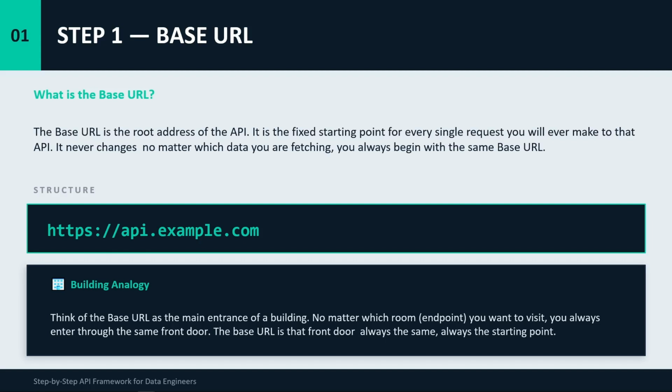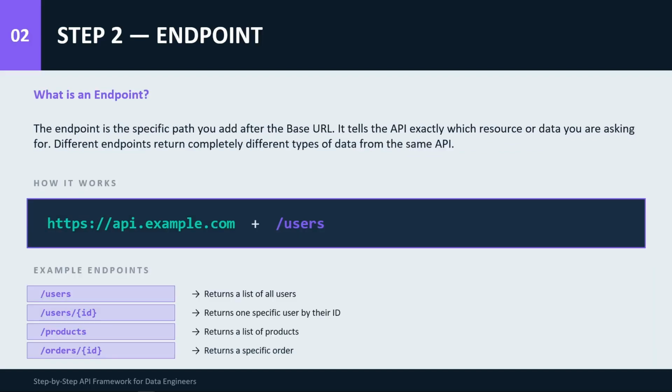Just like you have a building that has one entrance, you can see that entrance as the base URL. In that building, you have many rooms, and those rooms are the endpoints. All right, so here we can see that we have our base URL here, and this is our endpoint.